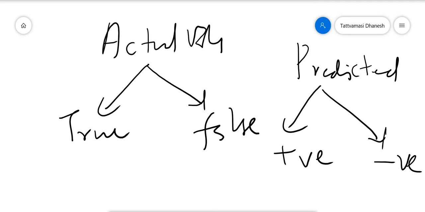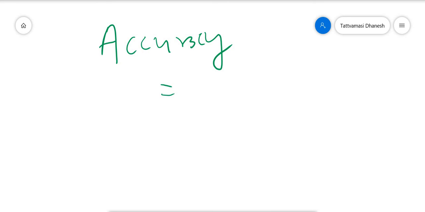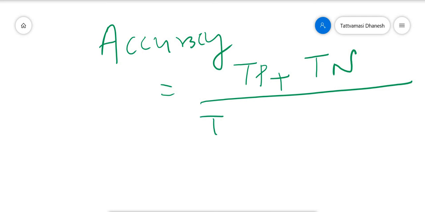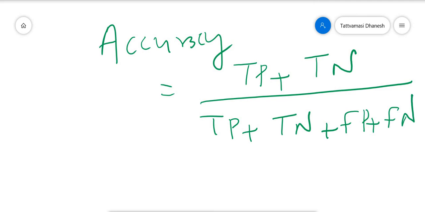Now one more term I will define. I told you I will be covering precision, recall, F1 score, and one more term, accuracy. So this is the formula you can remember for accuracy. Accuracy is equal to true positive plus true negative divided by true positive plus true negative plus false positive plus false negative.